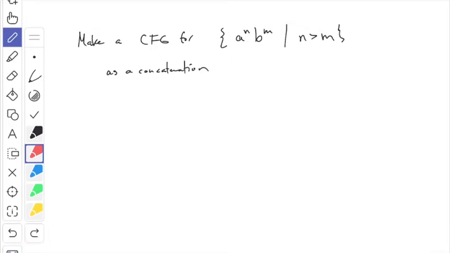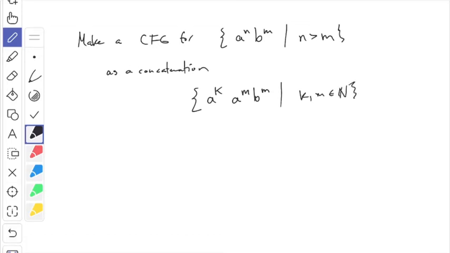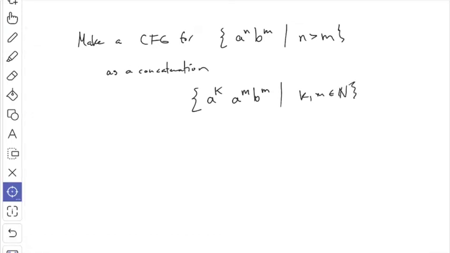Instead, I'm going to, this is slightly tricky, I guess, write it this way. You have to rethink your original set, but this time K and M can be anything. So what this says is, in my original set there are extra A's, right? And as a concatenation, I'm going to write it to explicitly look like that.